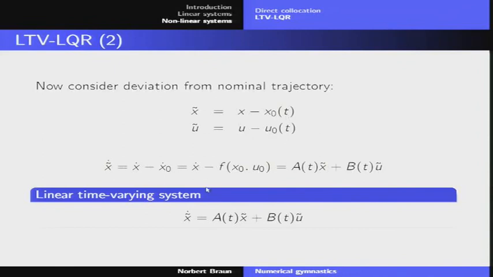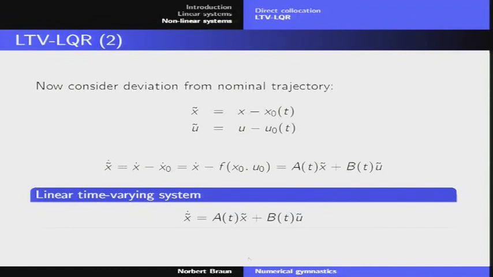And then we can derive a linear system for the behavior of these error coordinates. And this is the thing we really want, because this linear system might allow us to get an analytical solution and get something that we can implement online to have feedback.